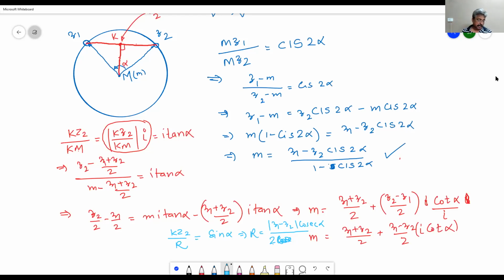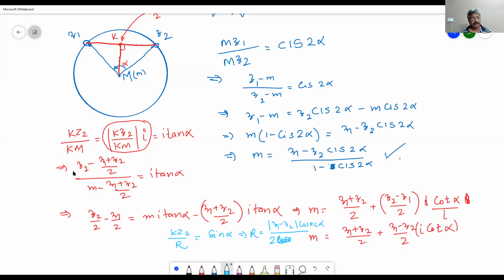Could you please explain the step KZ2 upon KM is equal to? Now, see, this is a rotator. KZ2 upon KM, and a rotator does two things: it changes the length of the vector, and it changes the angle.